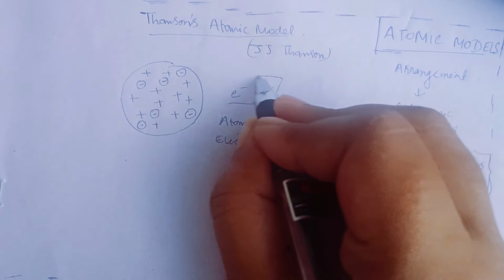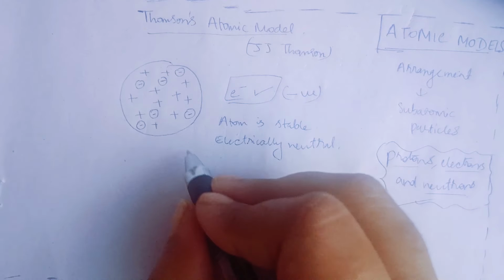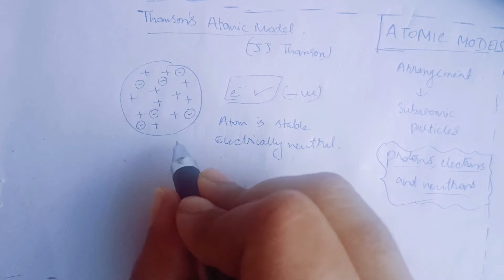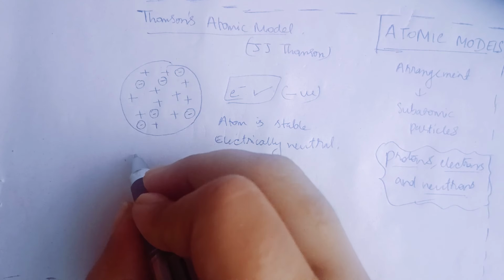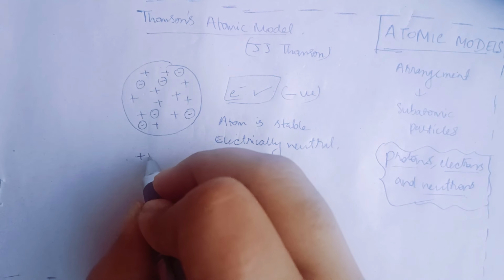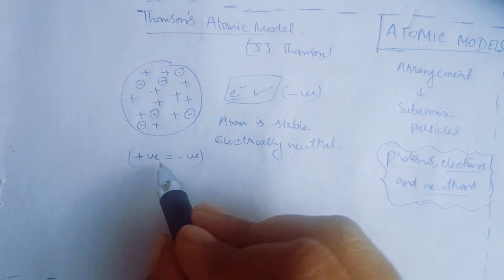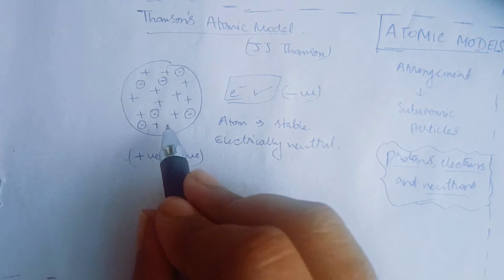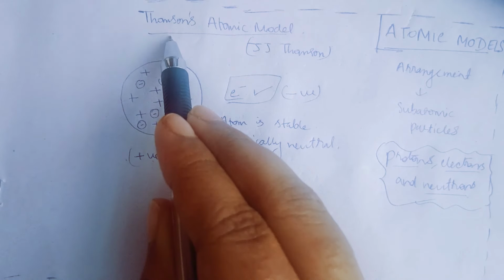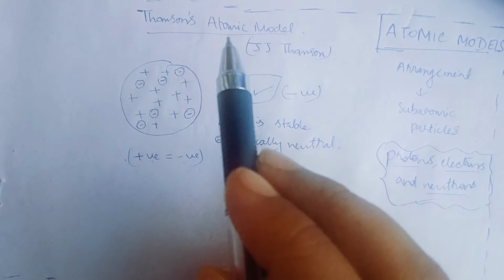So if electrons are discovered which have negative charge, it is obvious that an equal amount of positive charge is also present to balance out the negative charge. So as per this model, the positive charge and the negative charge are balanced. Okay, so this is the concept of Thomson's atomic model, which was the first and most simplified atomic model.